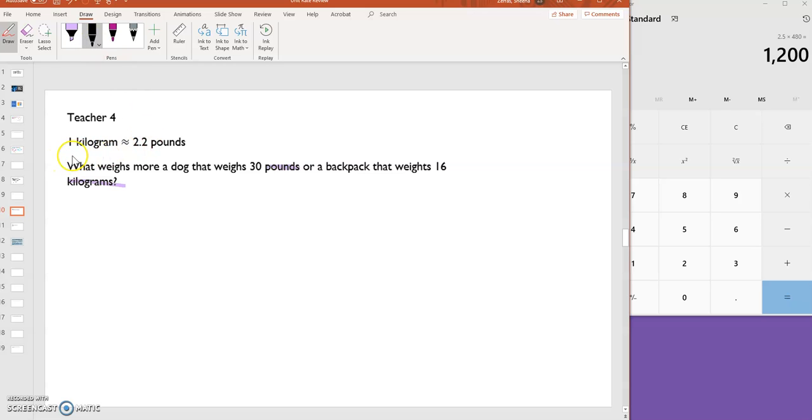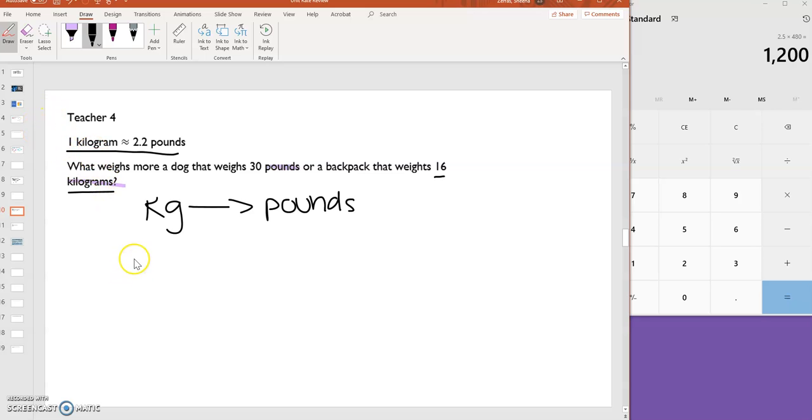So I know, based on this first piece of information, that 1 kilogram is about 2.2 pounds. So I'm going to use that information to convert 16 kilograms. So I'll take my kilograms and I want to turn them into pounds so that I can then compare it to the dog's weight. So in order to do that, I got to go back to this piece of information.